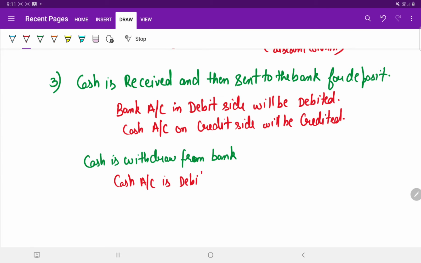So it will be the opposite of the upper transaction. The cash account is debited on the debit side and the bank account is credited on the credit side.